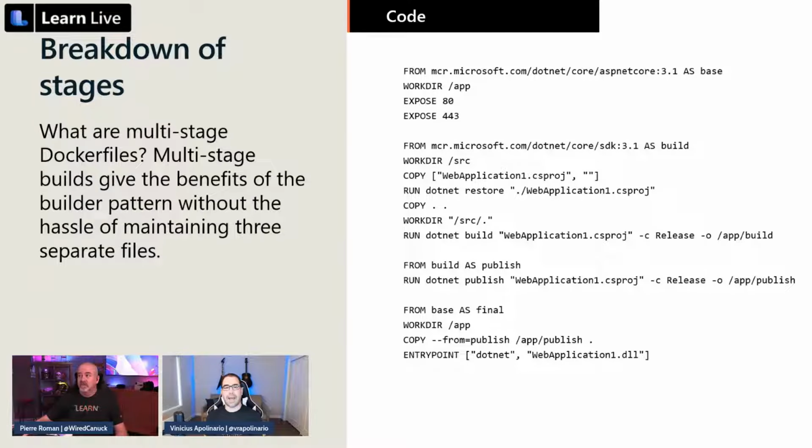To better explain that, in Windows containers, for example, we have the concept of either a nano server or a server core image. Nano server is like 300 megs in size. It means that you have a full Windows OS in 300 megs. It's ridiculously small.